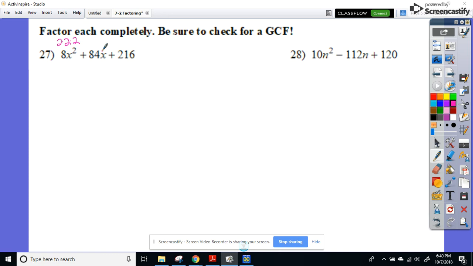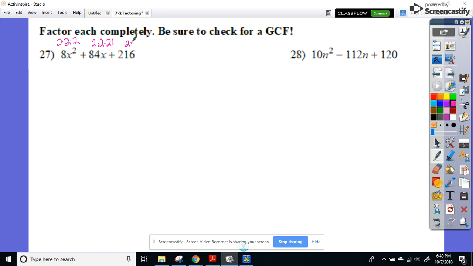It's not. I'm going to do 84 divided by 2. That's 42, so I'm going to divide that by 2. So 2 times 2 times 21 will give me 84.